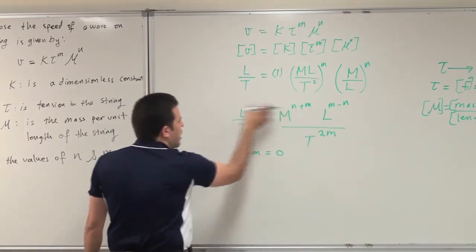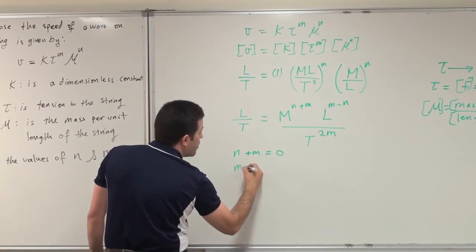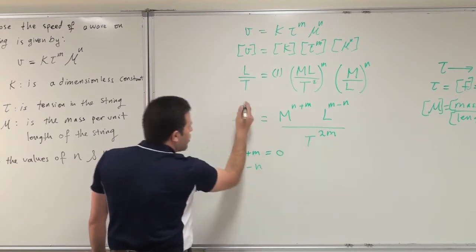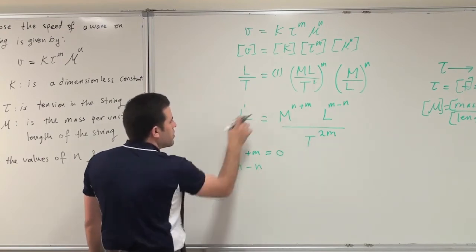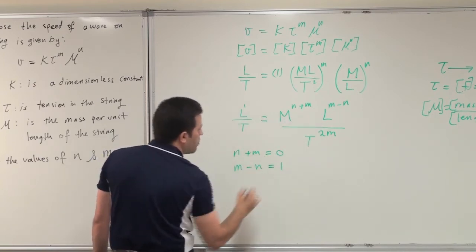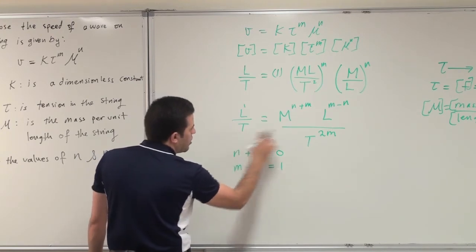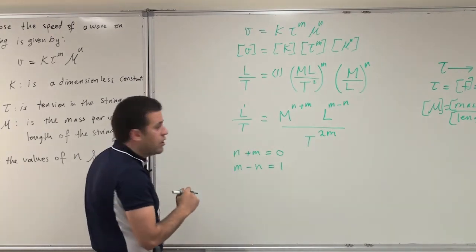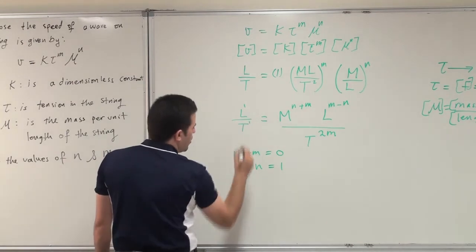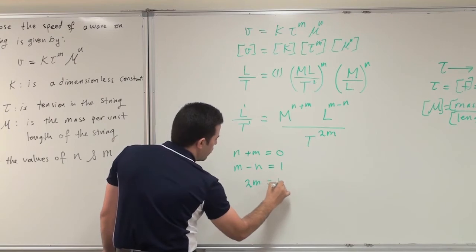The second is that m minus n should equal 1, comparing the L here with the L here. And I can also compare the time dimension, so this also has the power 1, so 2m should equal 1.